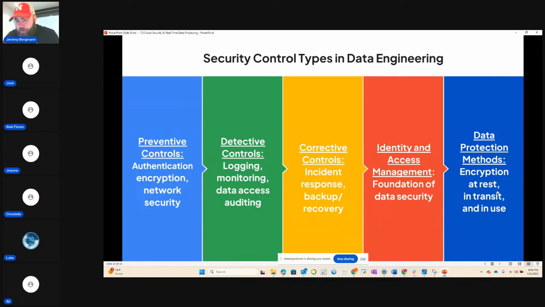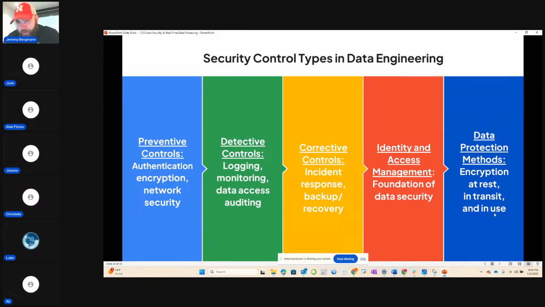And encryption at rest would be if someone broke into your network and they were looking through your files that were in your network or your data lake, they're all encrypted when they're there, so they couldn't just take it out.